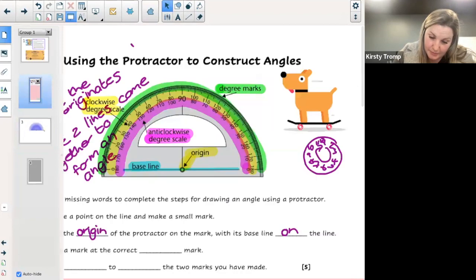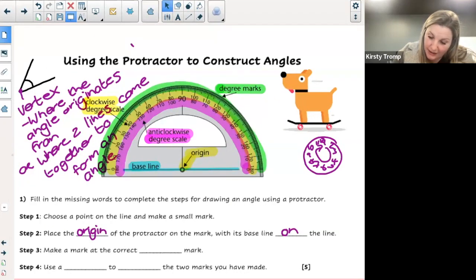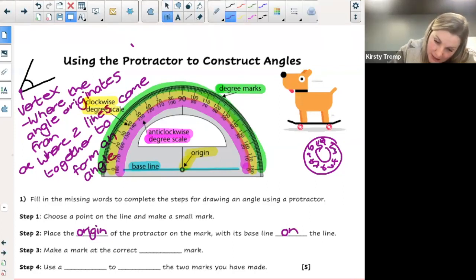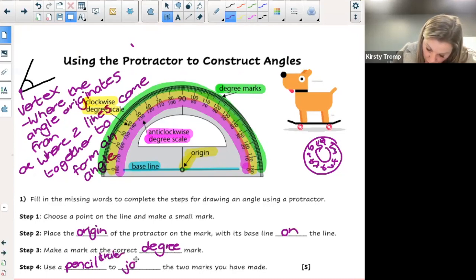Okay, next step says, make a mark at the correct degree mark, if I'm drawing an angle. And then we're going to use a pencil, guys, always a pencil, and ruler, they forgot to say and ruler, to join the two marks that you have made.